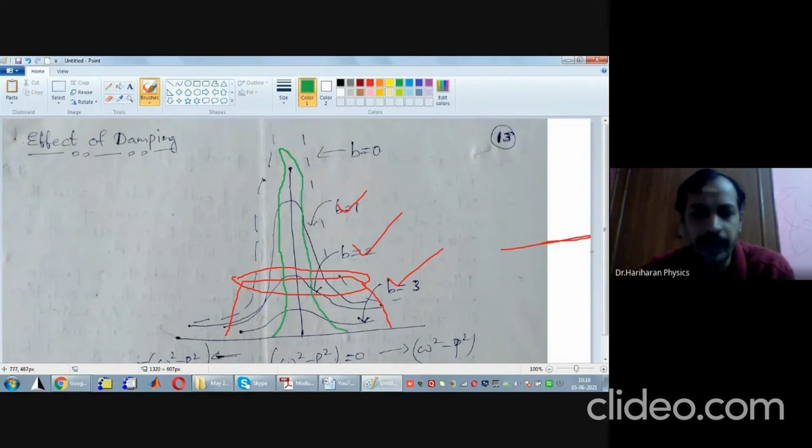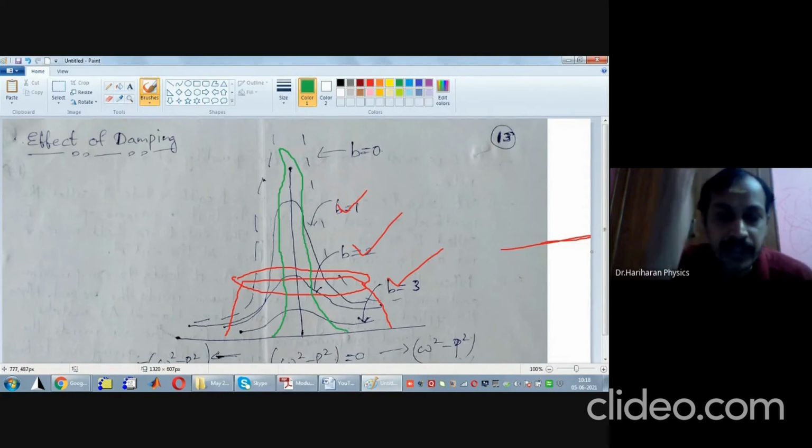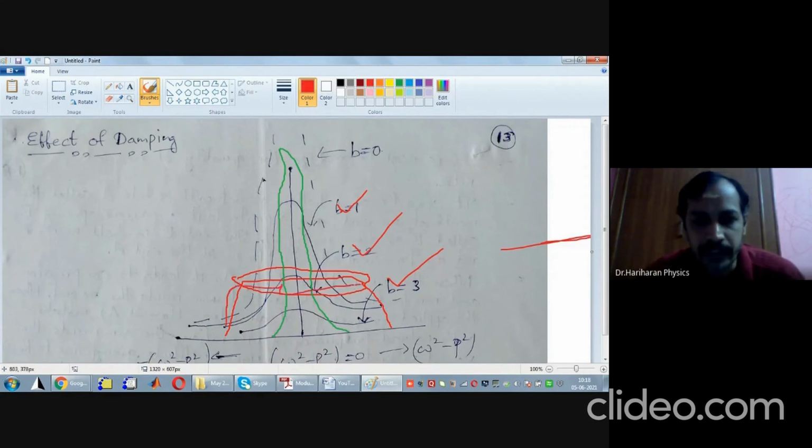Once again, I'll repeat. In the green curve, when the damping force is very small, the curve represents a sharp peak. On the other hand, if the damping force is high, the curve is going to be flat, spread over a large bandwidth.